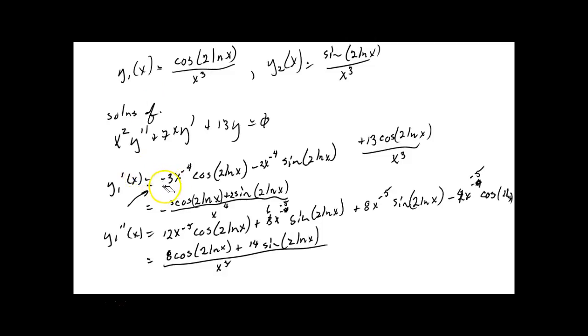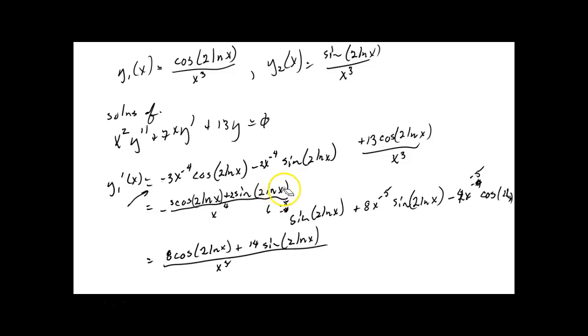Here's the one we do need, and I'm going to leave that in that form. We don't need the y double prime. We did for showing the equation work, but we don't for the next part.